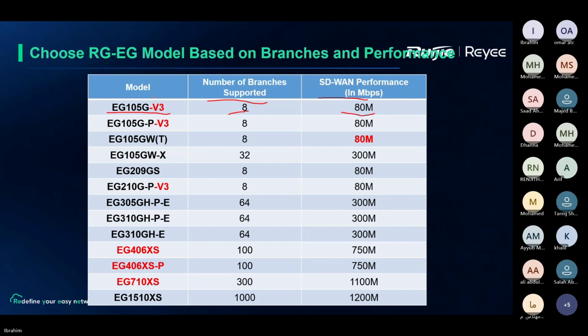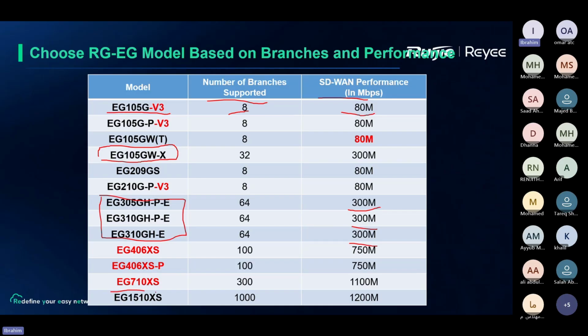If we need more, we can go for the EG300 or the EG105GW-X, because these gateways have more flash and RAM and higher hardware, so they can have higher SD-WAN performance. It depends on how many branches you want to connect and how many users are in each branch. We select these models based on that.